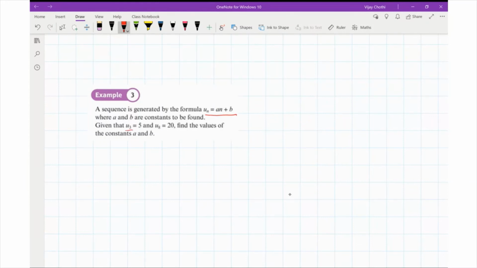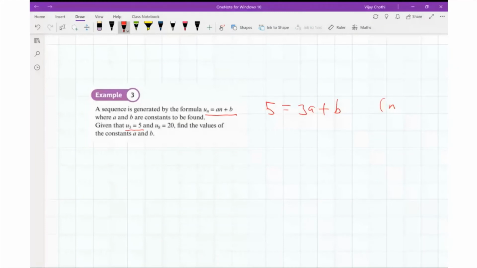So when n equals 3, you get two equations that you need to solve simultaneously. So if the third term is 5, that means 5 is equal to 3a plus b. So you just put n equal to 3, the third term.